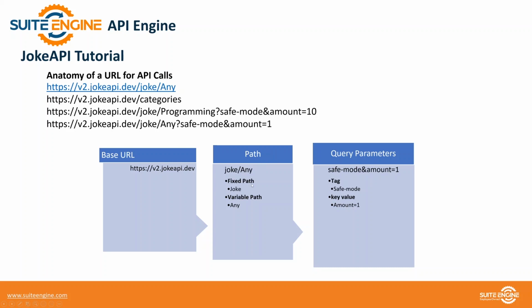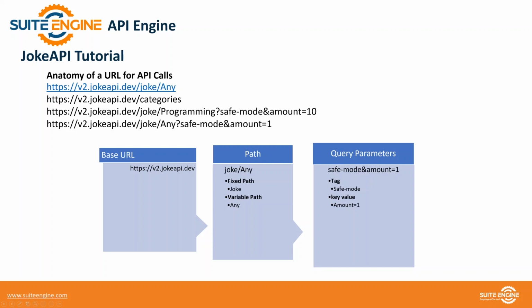We can look at this as maybe dividing it into 2 separate things, a fixed segment. In other words, any API call that's going to get jokes is always going to have this joke in its path. However, a variable path may be, well, what category do we want the jokes in?